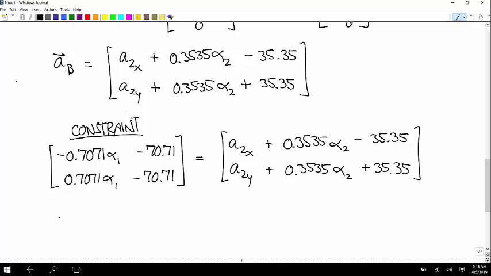The first one says negative 0.7071 alpha 1 minus A2X minus 0.3535 alpha 2 is equal to 35.35.